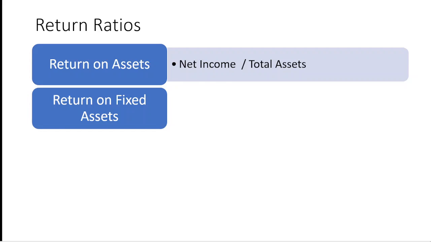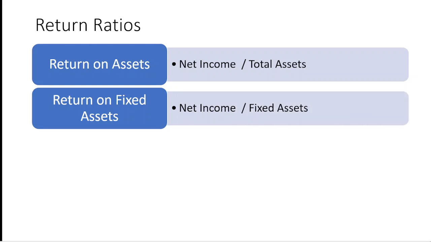That's why a second variation of return on assets is called return on fixed assets, especially for manufacturing companies, where it's assumed that the returns will come from fixed assets rather than from the inventory and the accounts receivable. The formula is the same, net income divided by the fixed assets, or you can say the production assets.